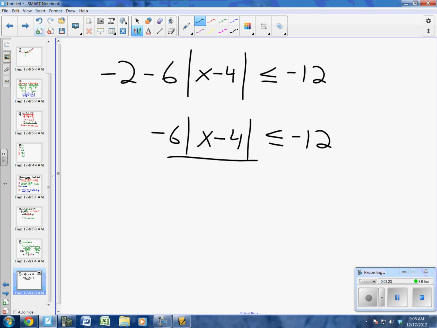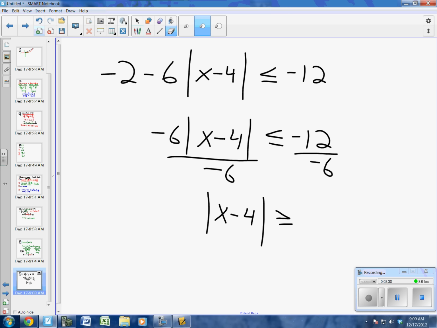Divide by negative 6. And if I do that, what happens to the sign? Inequality sign. Negative 10. Okay, now I divide by a negative number, so what do I do right here? I change the inequality sign. Now it becomes a greater than.